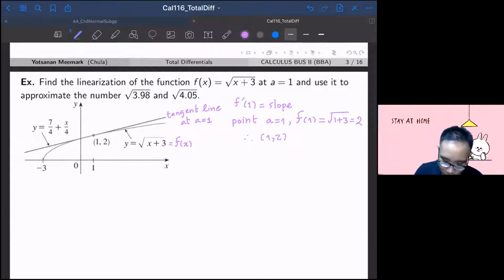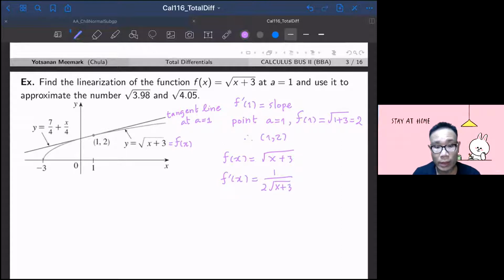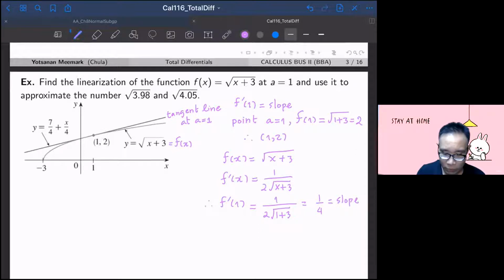For f'(1), you have f(x) = square root of x + 3, and f'(x) = 1 over 2 square root of x + 3. Plugging in, f'(1) = 1 over 2 root of 1 + 3, which is 1/4. So the slope is 1/4 and the point is (1, 2).